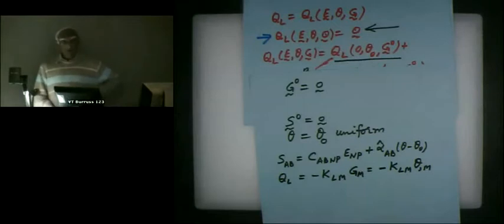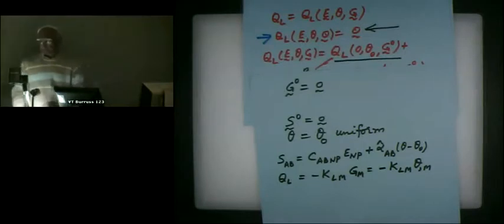K is the thermal conductivity. We are dealing with anisotropic bodies. Material properties are directional dependent.